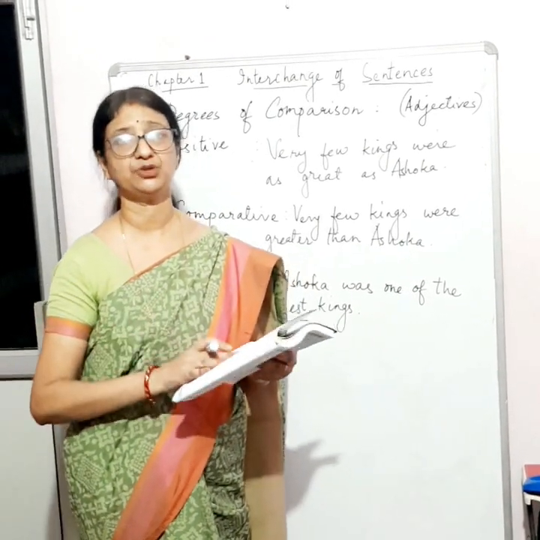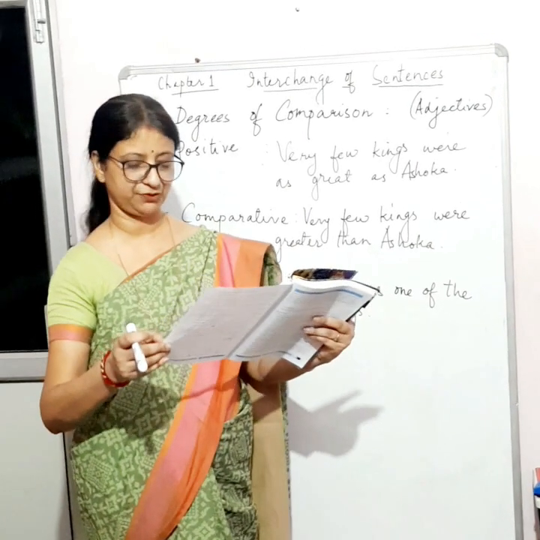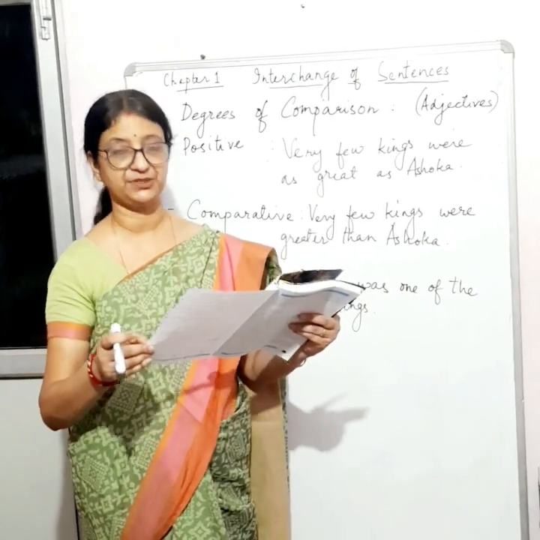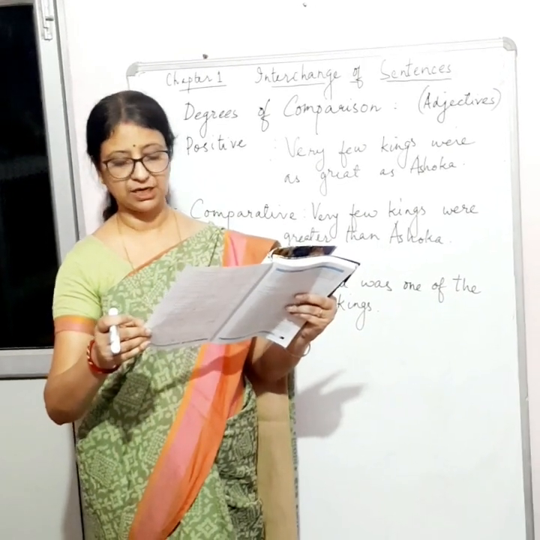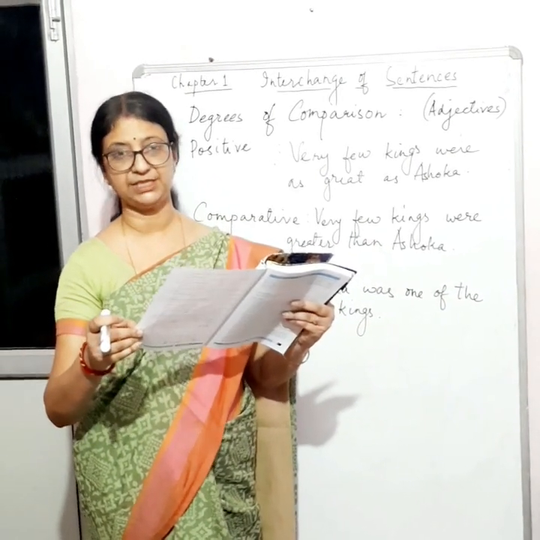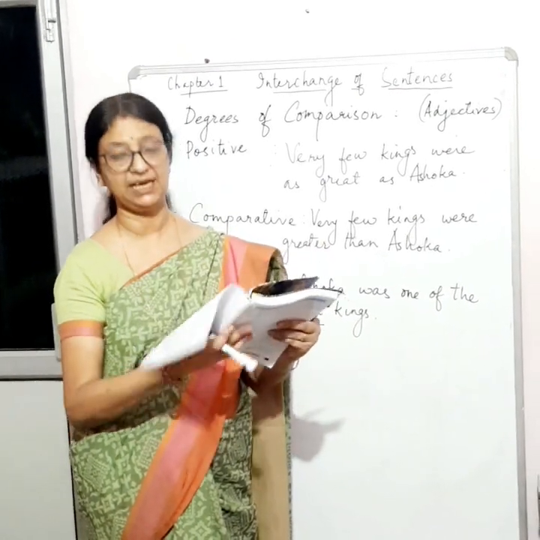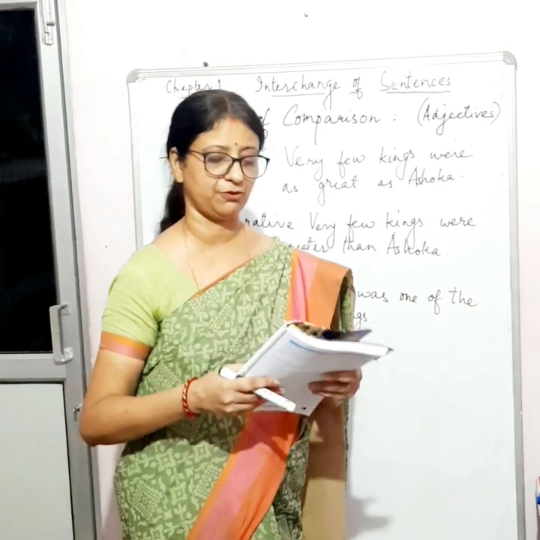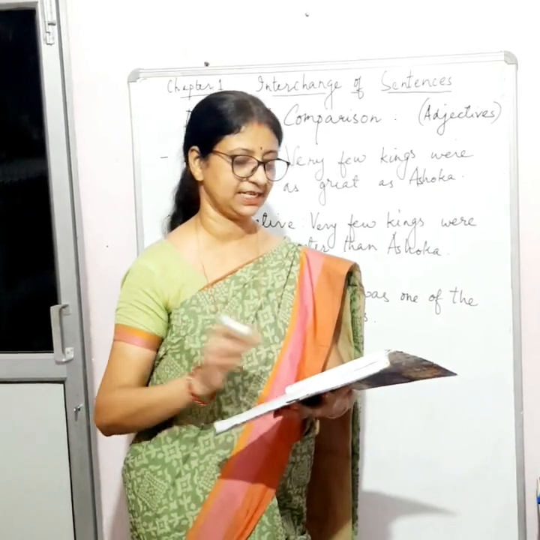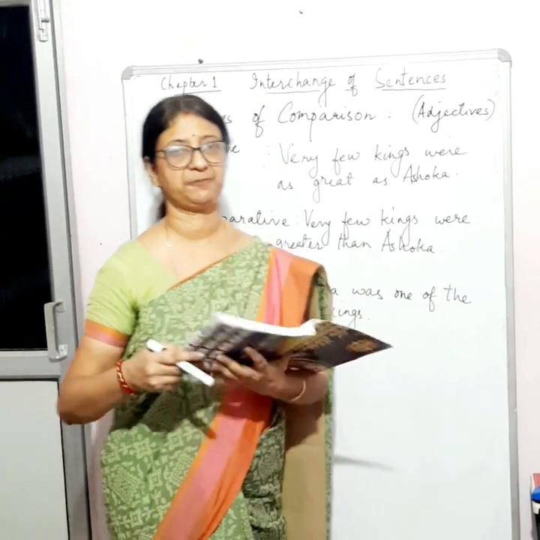So here you can find different changes. First one you have changed from affirmative to negative. Second one you have changed from statement to question. Third one is a simple sentence itself, but still you have changed the form. Though both are simple sentences, the form changes.